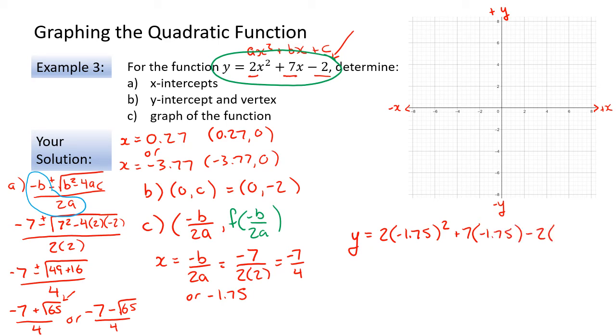So if you calculate that out, you get y is equal to negative 8.125. So your vertex, therefore, is your x-coordinate, negative 1.75, and your y-coordinate, negative 8.125. So we have 4 points here, and we can start by graphing each one of them.